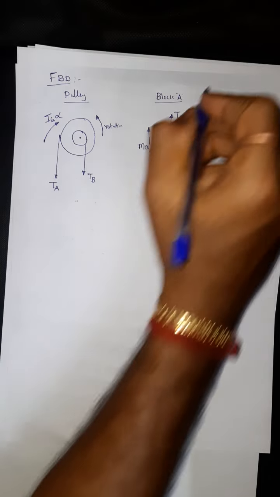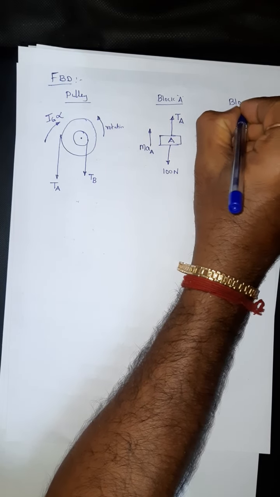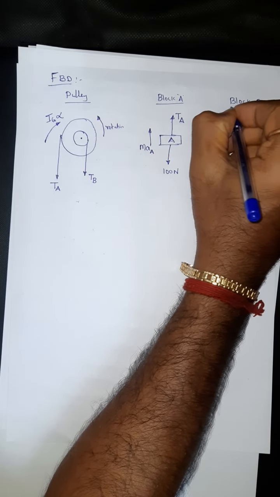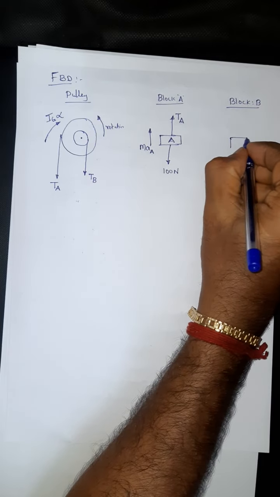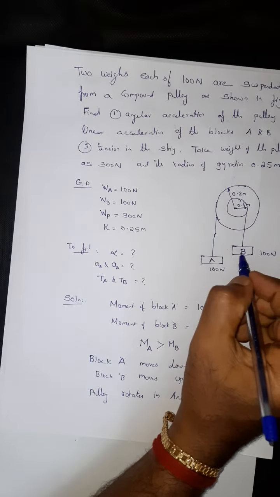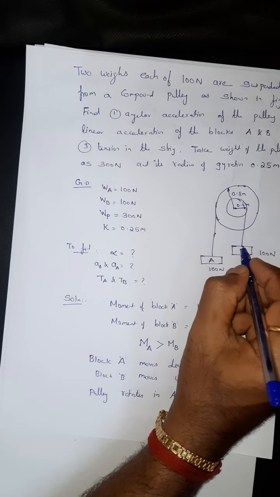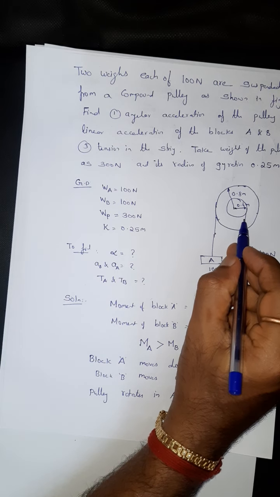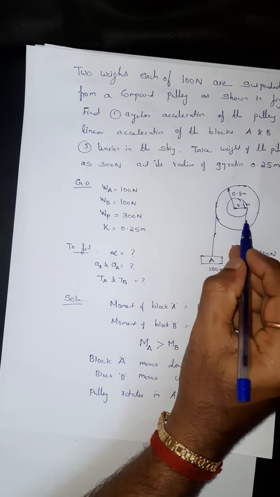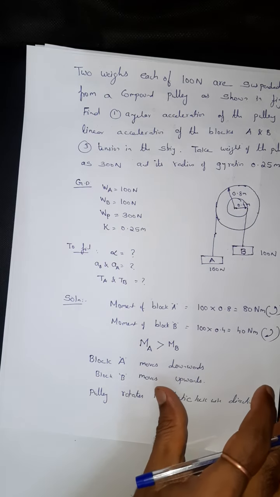Okay. So the free body diagram of block B. Look here, the weight always acts vertically downwards, and it is connected with a string or cable, so the tension will act upwards.